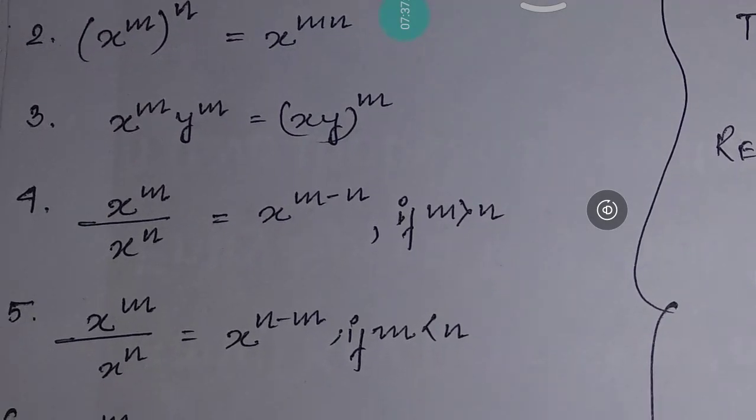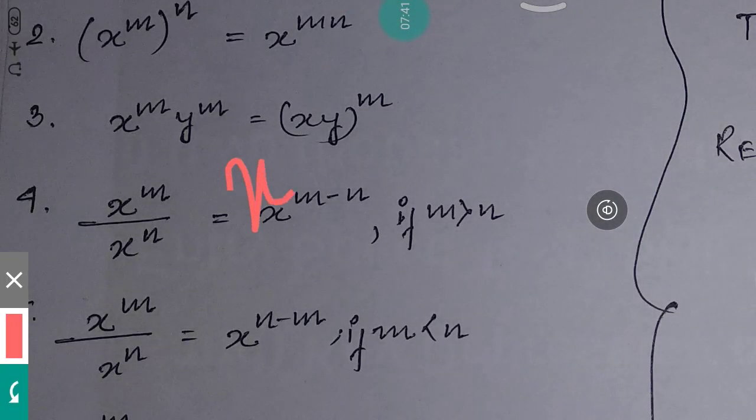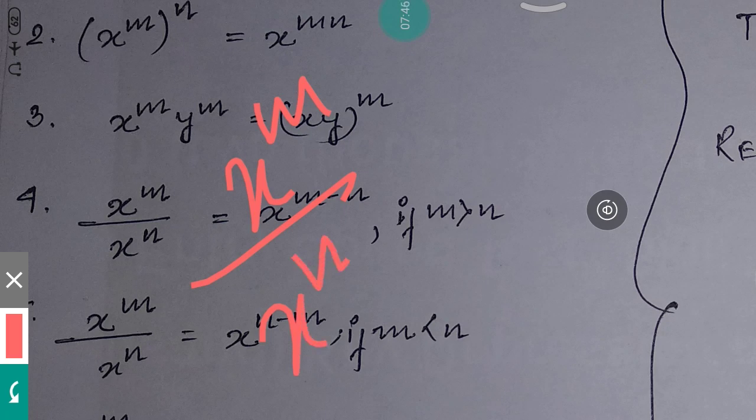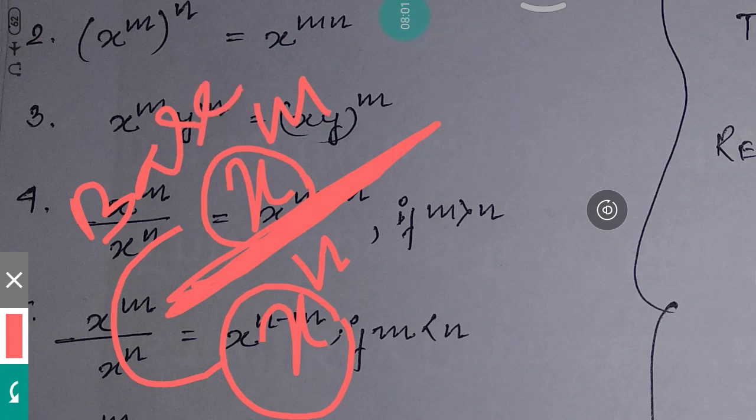Now see, if division is given, suppose x power m by x power n is given. Here division is there. This is x, this is x, both are x. What are these? Bases.